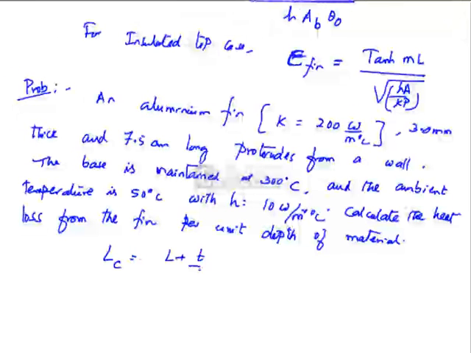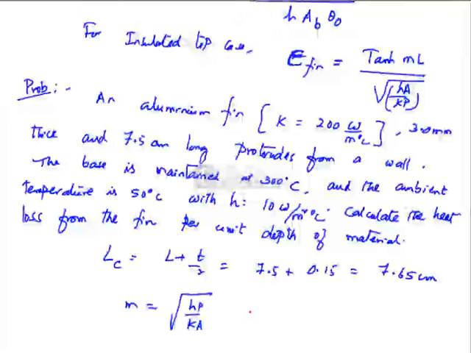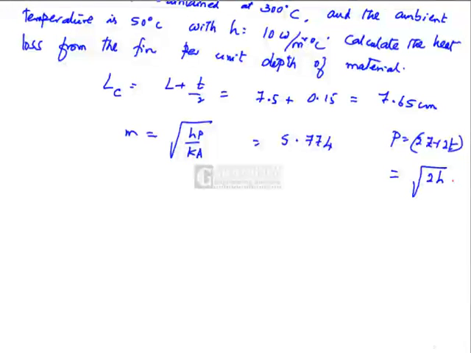Lc is equal to L plus t by 2, that is 7.5 plus 0.15, which results in 7.65 centimeters, that is the corrected length. m is square root of hP by kA, which would be obtained as 5.774, because P is equal to 2Z plus 2t, which can be approximately taken as square root of 2h by kt. So m is obtained as 5.774.